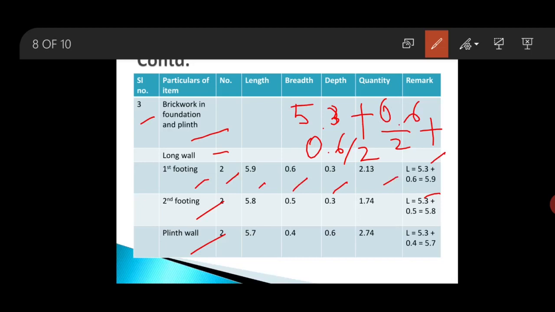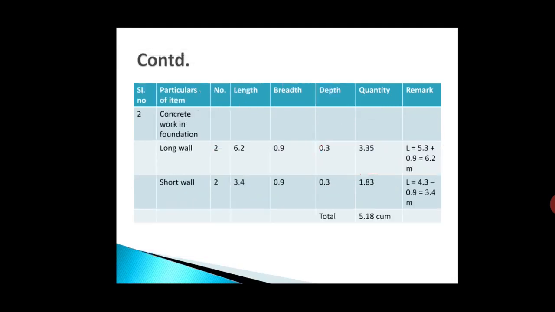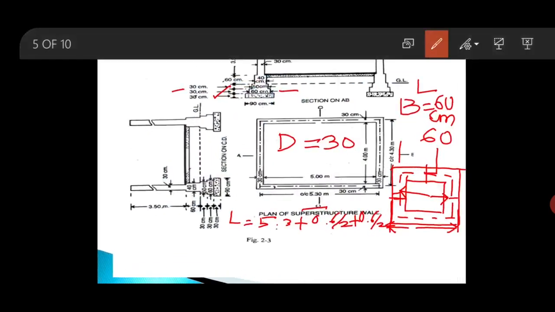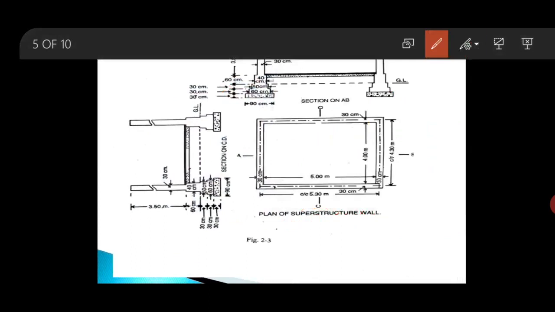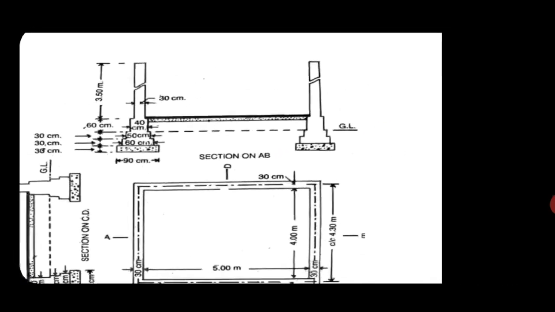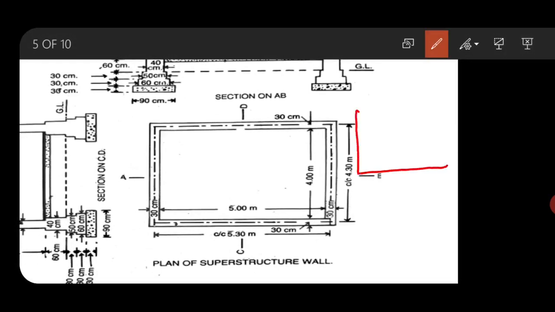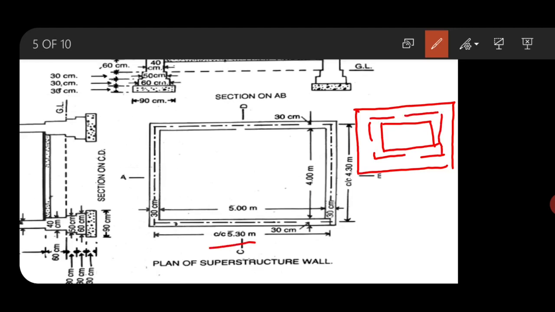Then next we will move to our second footing. The second footing is of width 50 centimeter. So if we consider the second footing, this is the center line length, which is the same as along long wall, 5.3.